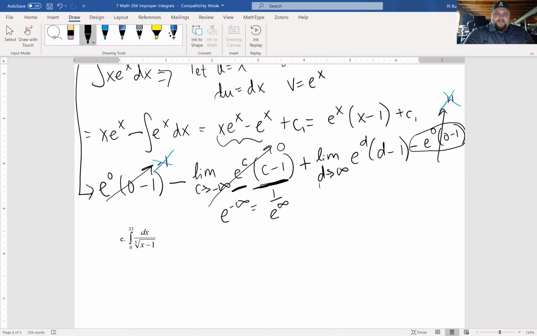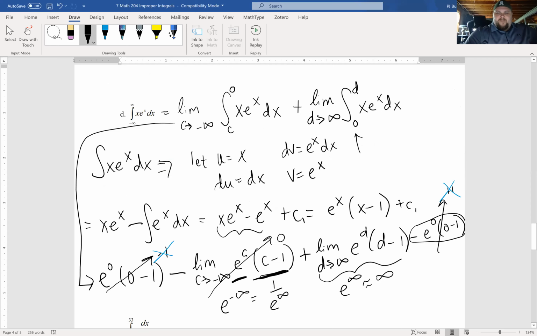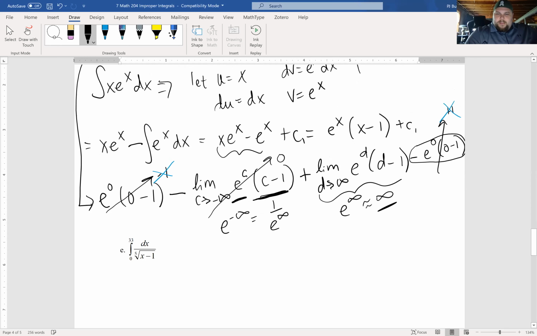Okay, now we got to deal with this one. Same argument. The exponential will increase or decrease faster. What does e to the infinity look like? Well, it's approximately infinite. So this whole thing, everything came out to infinity. And so we would say this diverges.